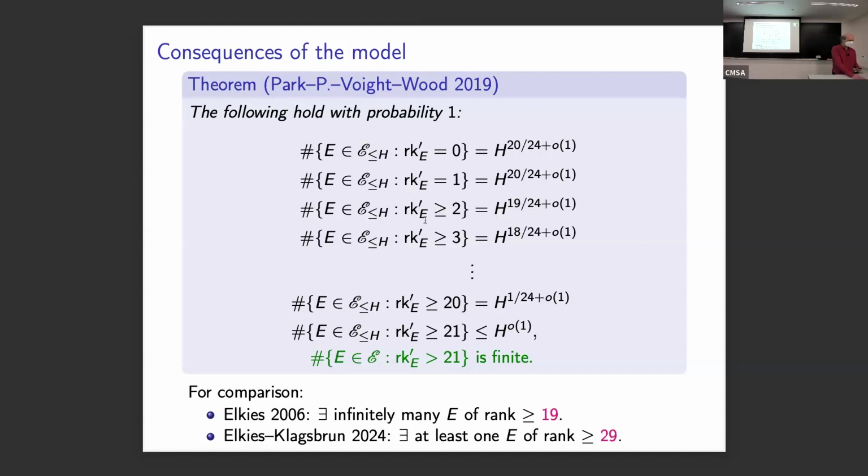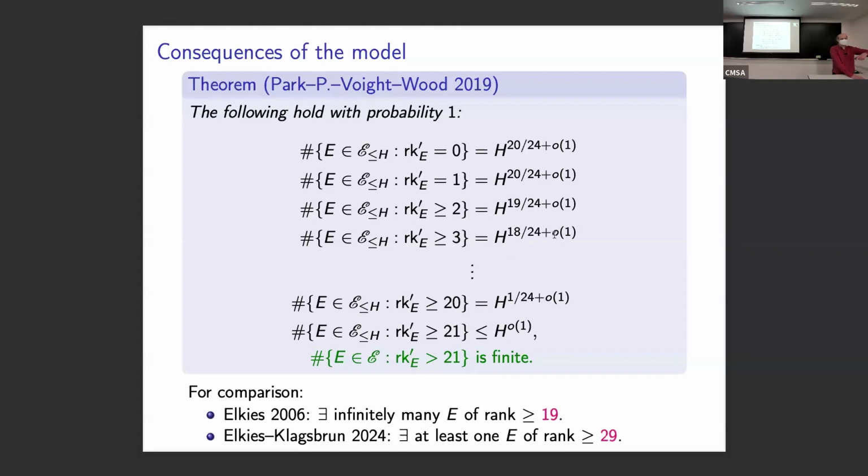For the pseudo ranks, that's a theorem, that's how many elliptic curves of pseudo rank at least 2 there are. And each time you ask for one higher pseudo rank, we prove that the probability goes down by another factor of h to the 1/24. Eventually, once you get up to 21, this exponent becomes 0. We don't know whether the little o of 1 is positive or negative, because our model's not fine enough.